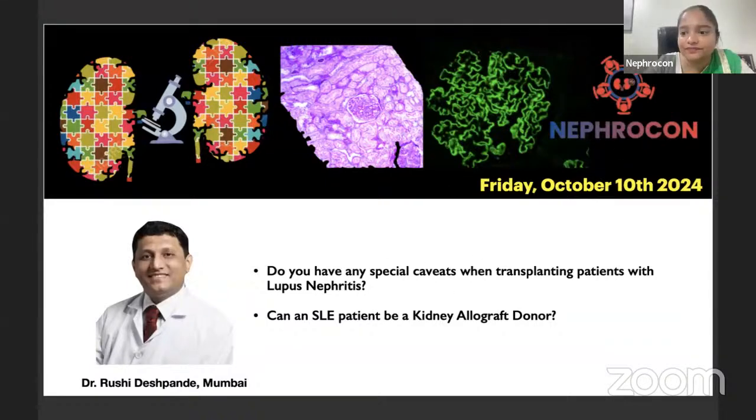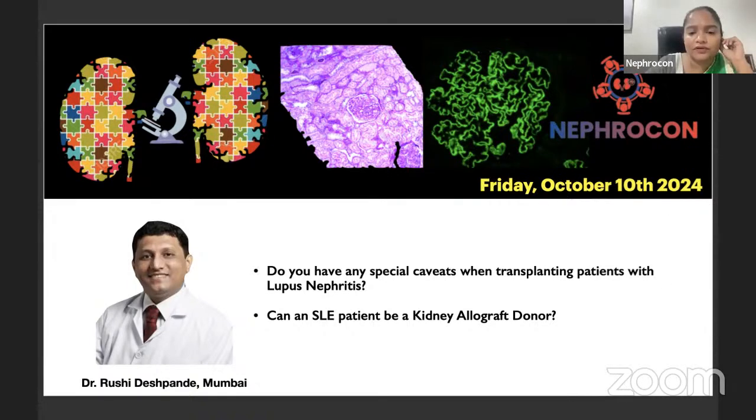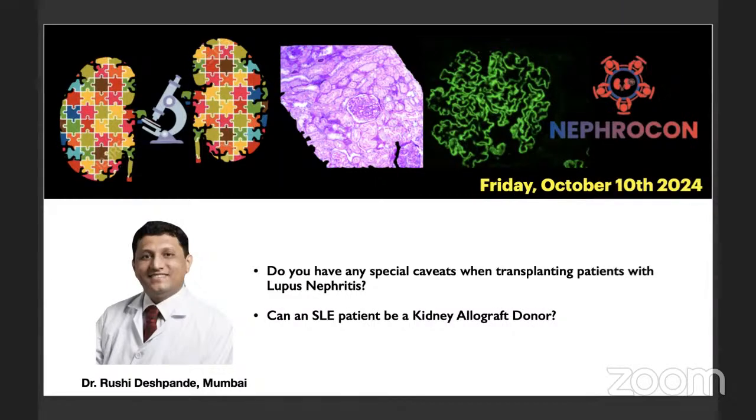I suppose if there are no clinical extrarenal flares, we should go ahead and transplant the patient. Obviously, the more important thing is to be sure about the infection status and the tuberculosis status in our patients, because those are far more important when it comes to transplanting patients with lupus nephritis.